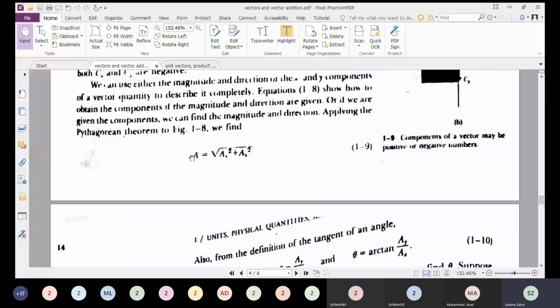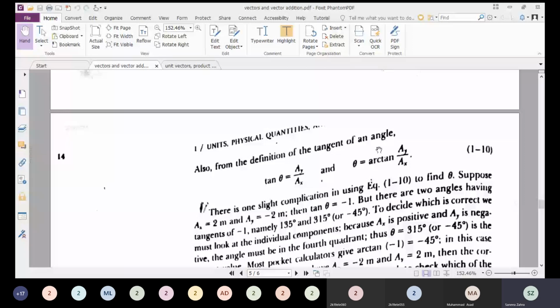A is equal to the square root of ax squared plus ay squared. Now, from the definition of tangent, you know that tan theta is equal to ay over ax. And if you want to calculate the angle only, theta is equal to tan inverse of ay over ax.